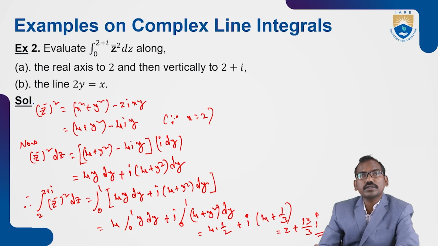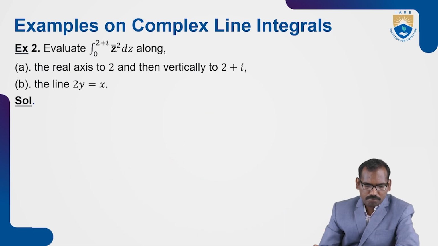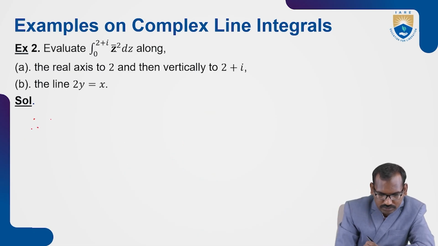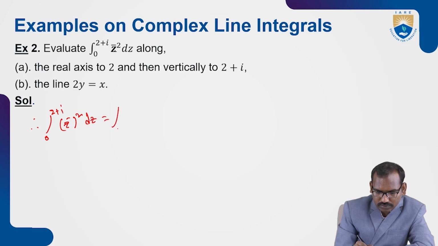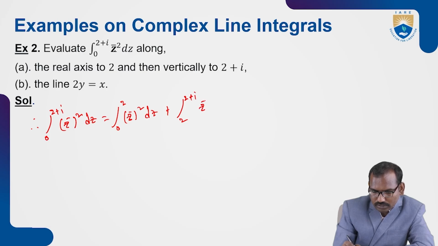Therefore, the integration from 0 to 2 plus I of z bar whole square dz is equal to the integration from 0 to 2 of z bar whole square dz plus the integration from 2 to 2 plus I of z bar whole square dz.